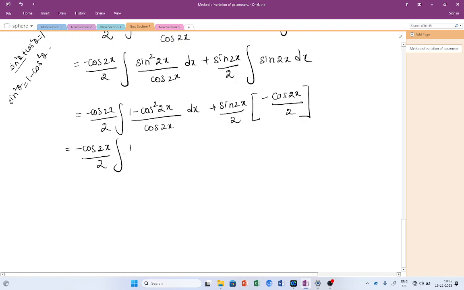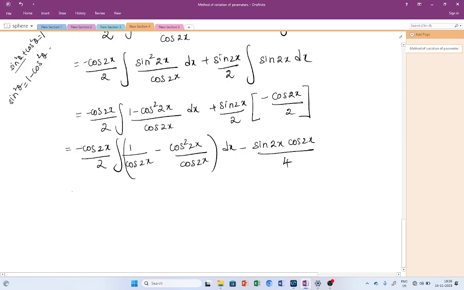So it is 1 divided by cos 2x minus cos square 2x divided by cos 2x into dx plus, okay. So minus into plus will be minus sin 2x cos 2x divided by 4. I've just multiplied this inside. So it is plus into minus, which is minus sin 2x into cos 2x divided by 4.